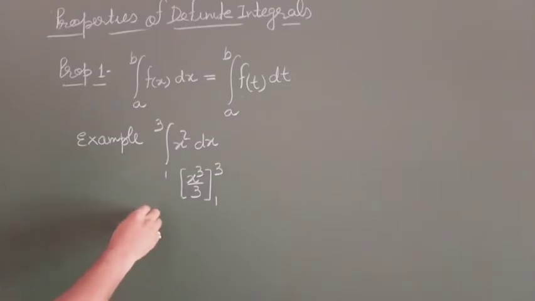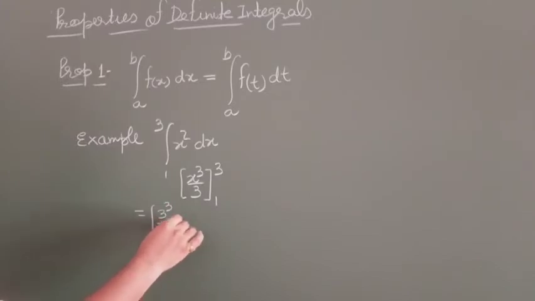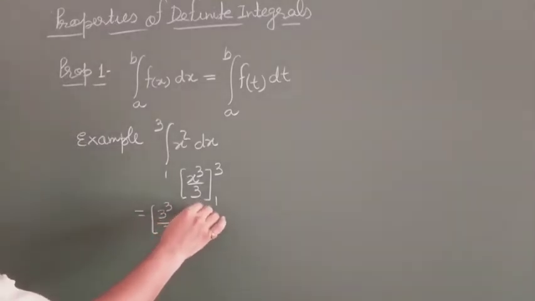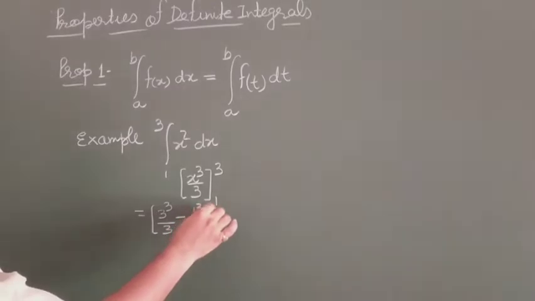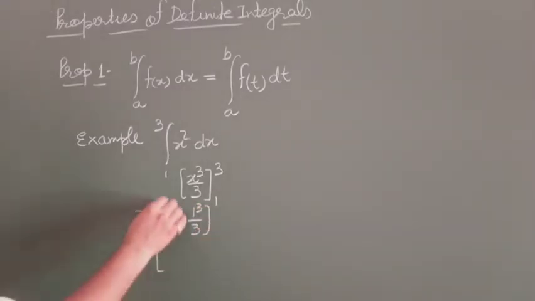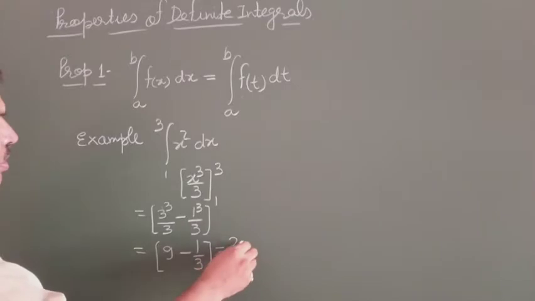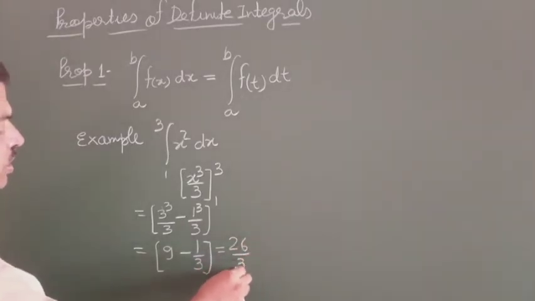When we put the limits, the answer will be 3 cube upon 3 minus 1 cube upon 3. Let us calculate. It will be 27 upon 3, which is 9, minus 1 upon 3, so 27 minus 1, 26 upon 3. This is the answer.